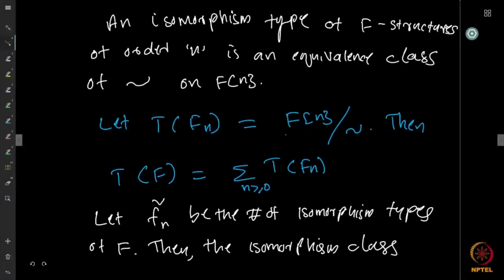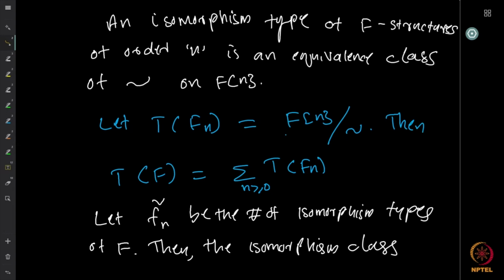Now, an isomorphism type of F structures of a fixed order, let's say an n element set, is an equivalence class of the equivalence relation tilde on F of n. So the equivalence classes are called isomorphism types. So it is basically F of n mod tilde, the equivalence classes. Let me denote this by T of F of n.